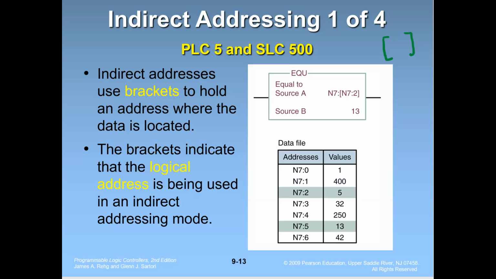Now, inside your bracket, you need to have a logical address. You have to go to that logical address, and then you have to find the data in that logical address. And instead of the bracket and the logical address inside the bracket, you have to replace it with the data.